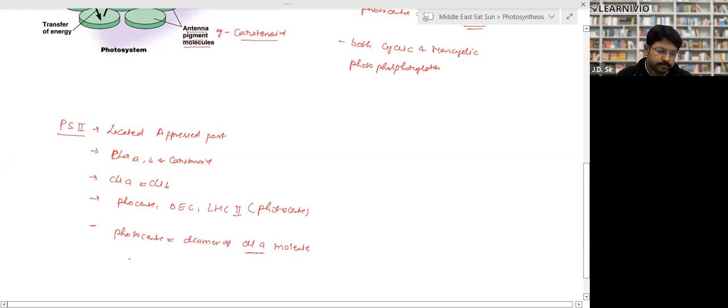Next point. The oxygen evolving complex contains manganese ion, calcium ion, and chloride ion.